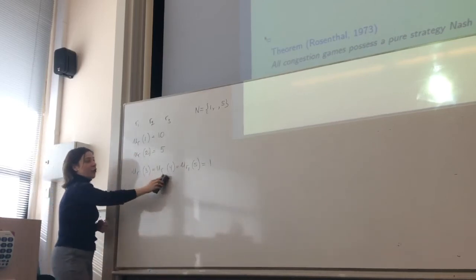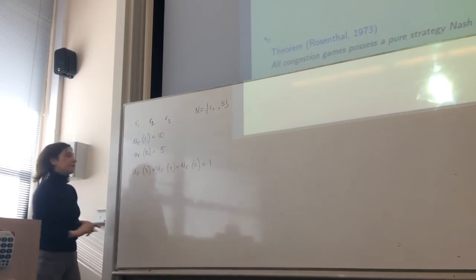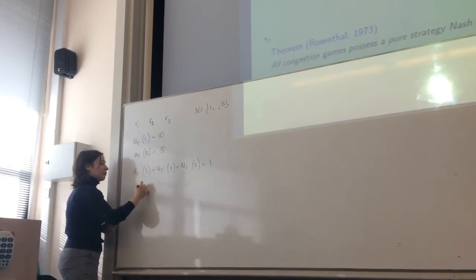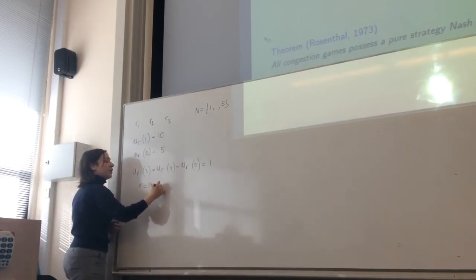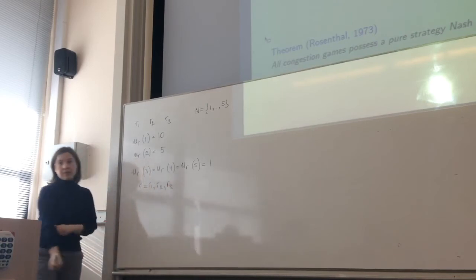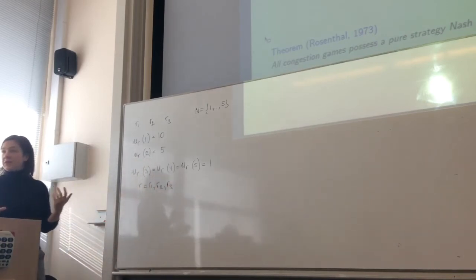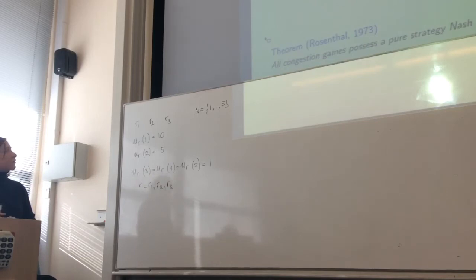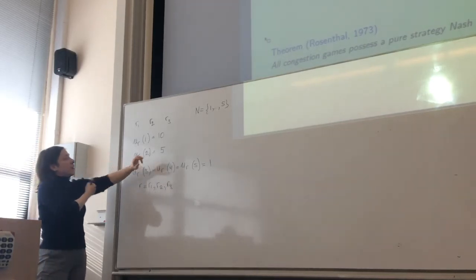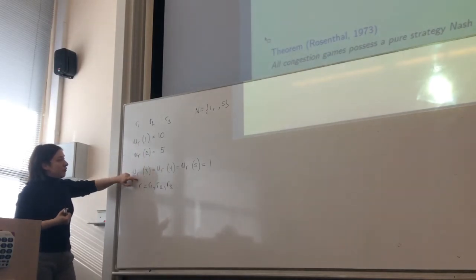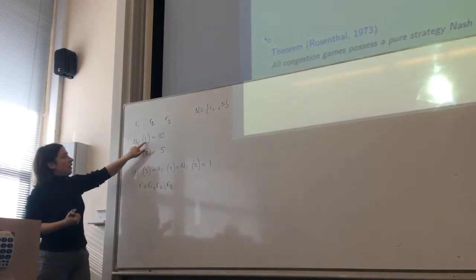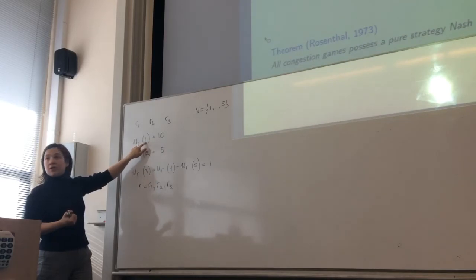So in such a situation, assume that we have the same function for all the resources. I just don't want to make it too long. R, maybe R1 or R2 or R3. But generally, there can be different functions for all the resources. So the function may be different for the resources, but it depends on the congestion of the resource, not on the identities of the agents that use it.